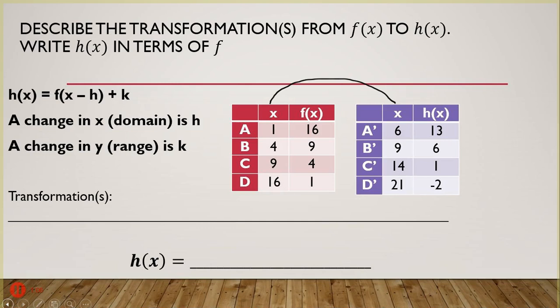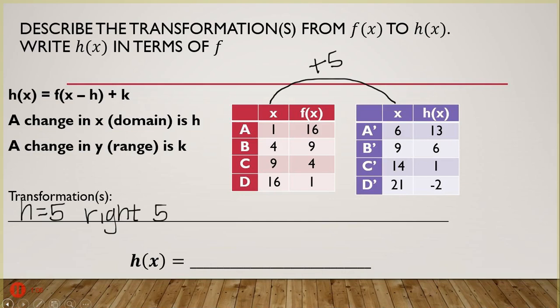And 16 plus 5 is 21. So that means that h equals 5. And when h equals 5, the function moves to the right, 5 units.